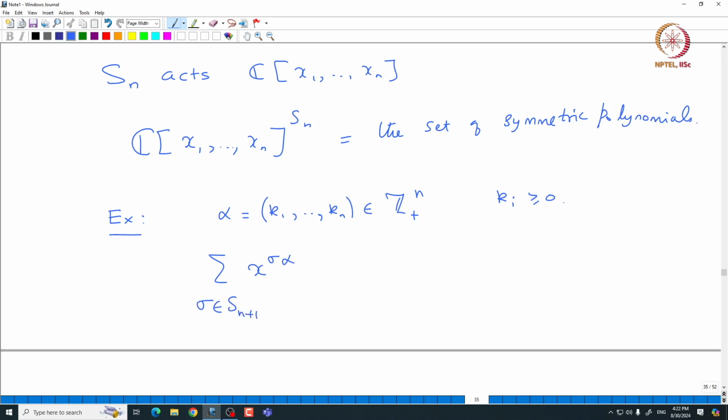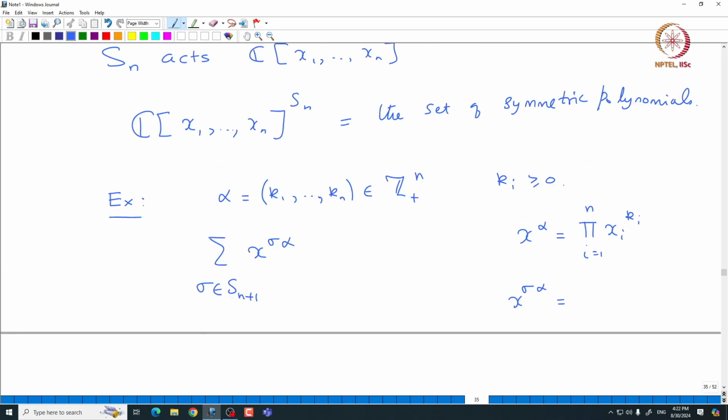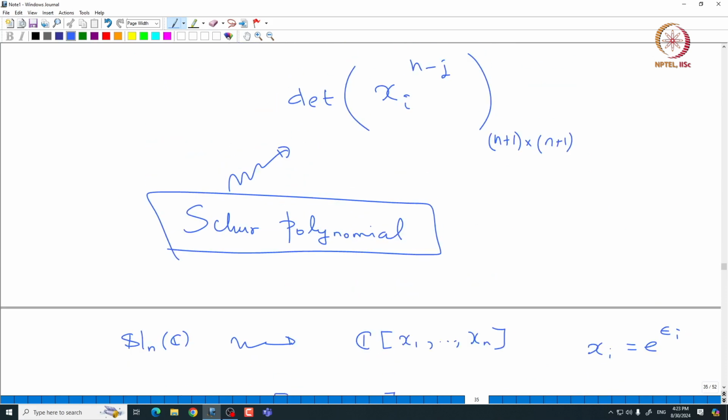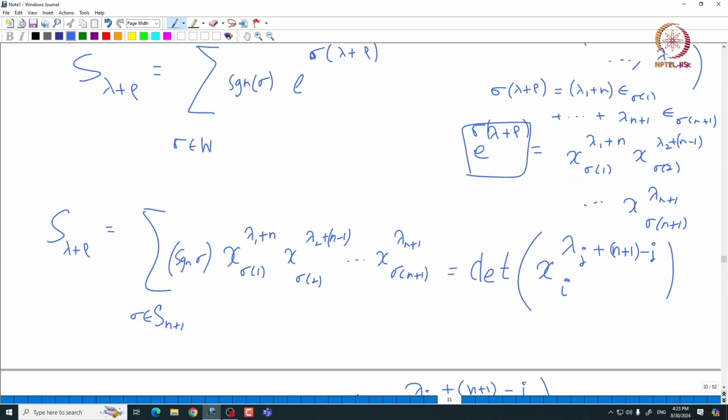Here x to the power alpha is just the product of xi to the power ki, i ranging from 1 to n, and x to the power sigma alpha is defined as before, where sigma acts on the variables.